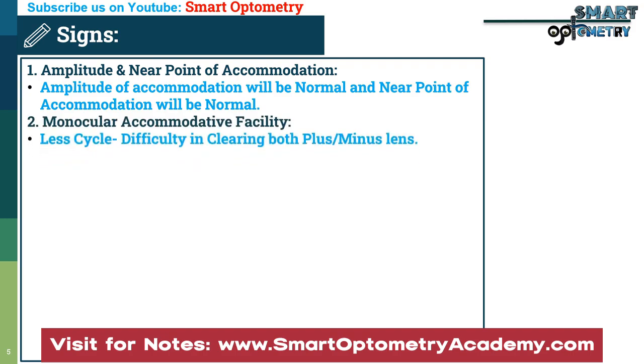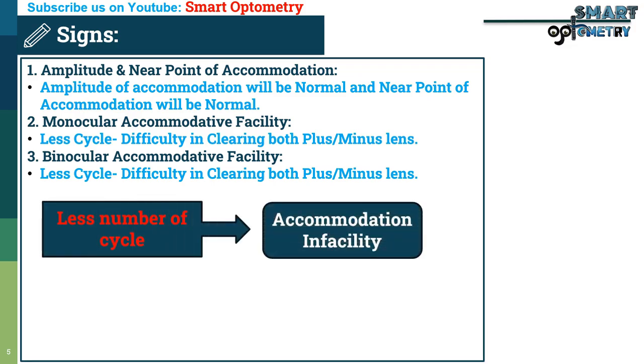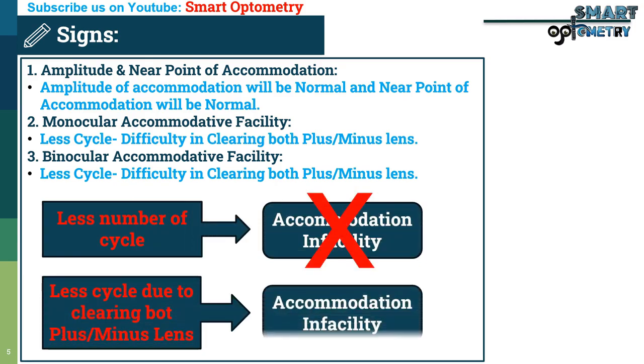Fewer cycles, due to difficulty in clearing both plus and minus lenses. 3. Binocular accommodative facility. Fewer cycles due to difficulty in clearing both plus and minus lenses. The diagnosis is not finalized with a low number of cycles alone, rather with fewer cycles due to difficulty in clearing both plus and minus lenses. A low number of cycles in monocular and binocular facility may be due to difficulty in plus lens but normal with minus lens, or difficulty in minus lens but normal with plus lens. So in accommodative infacility, the number of cycles will be less due to difficulty in clearing both plus and minus lenses, not only plus, not only minus.